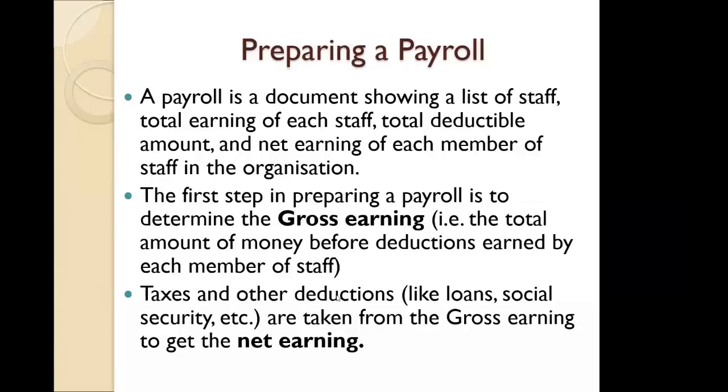Okay. So when you have to keep a payroll, then you are looking at a schedule where somebody earns income. All the income put together is called the gross income. Then the person pays taxes out of it. And sometimes the person will also take loans, and therefore the loans are also deducted from it.